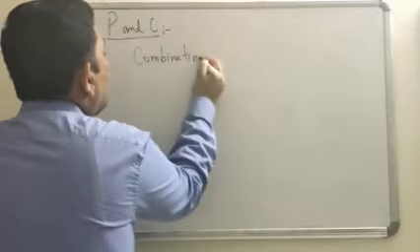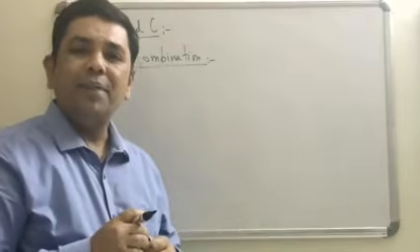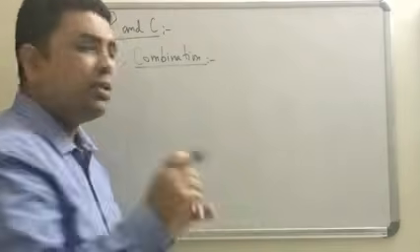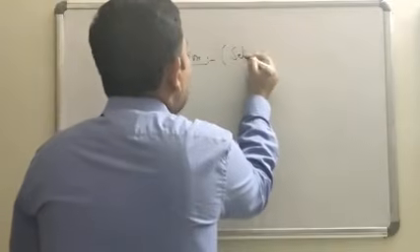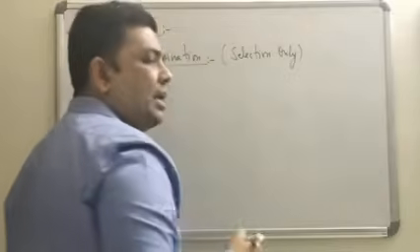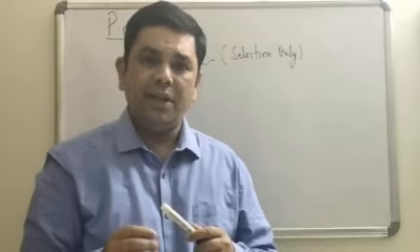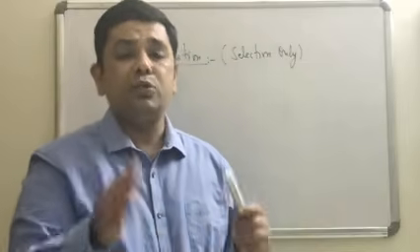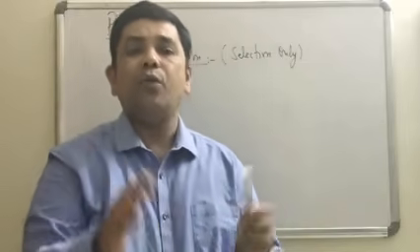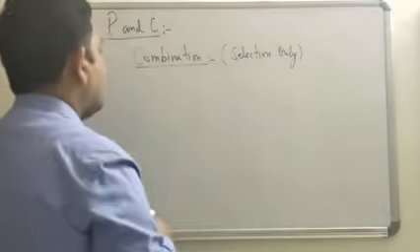We would first like to get introduced to what is combination. Now combination in terms of logic essentially means selection only. That means in every question of combination, the primary objective is to select certain things out of a given set of things. Let us see this.